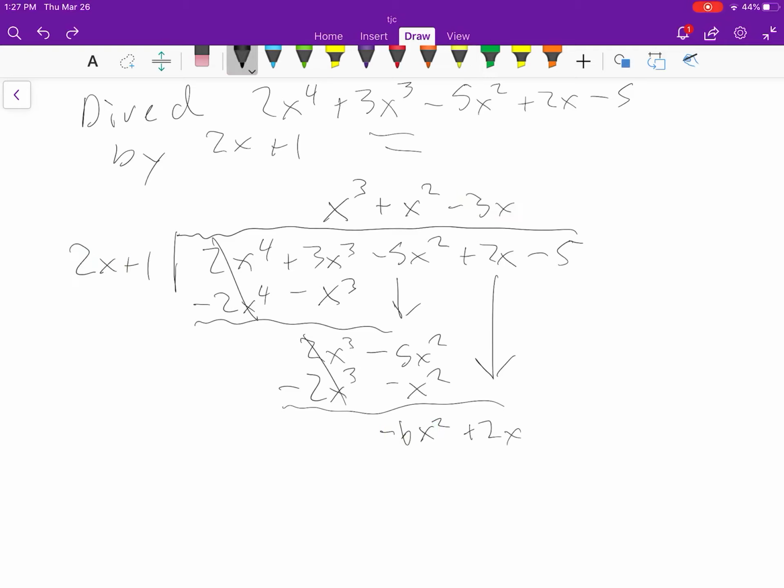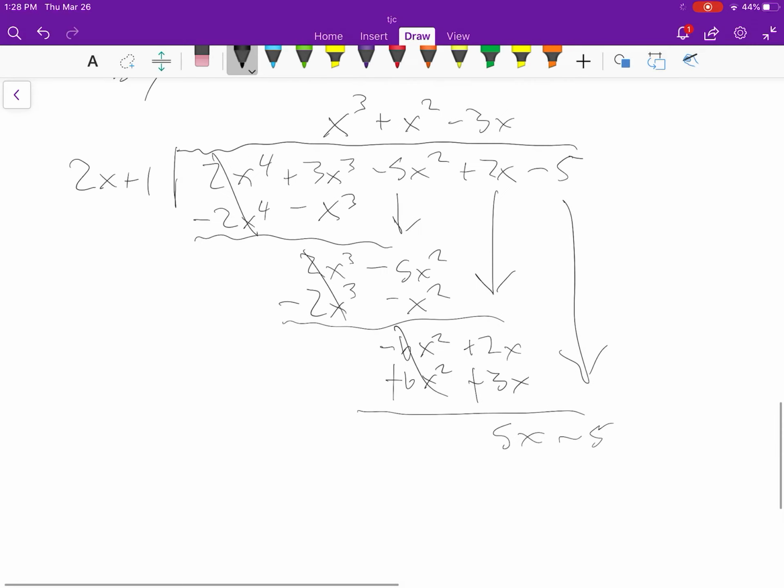So let's go ahead and do that. So negative 3x times 2x is negative 6x squared. Then negative 3x times 1 is negative 3x. Now they're both negative, and we have to change the sign here. So since they're both negative, and we're changing the sign, like we did above, we're going to make them both positive. Okay, here they cancel, which is what you want. And here you're going to end up with 5x. Now you carry down 5.